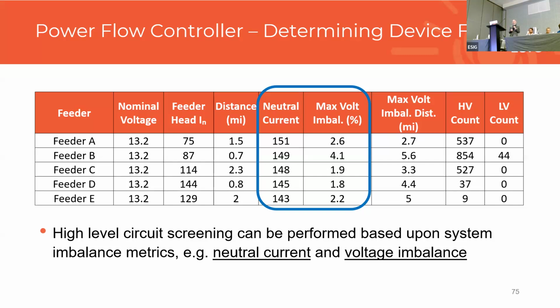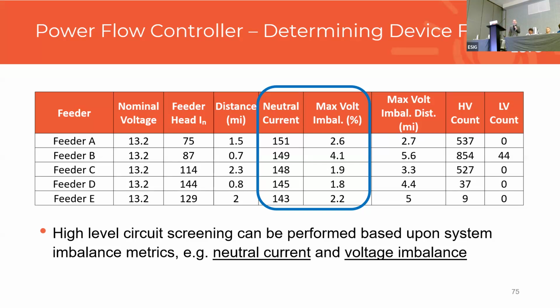And say, okay, we at least know that these ones have quite a bit of imbalance. If you can get more detailed than that, it's also interesting to start gathering, we know what it is at the feeder head, but what is your neutral current maximally on that circuit? Similarly, if you can get that data, what is your voltage imbalance maximally on that circuit?